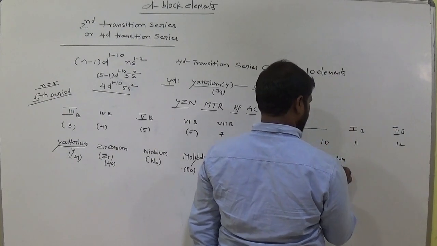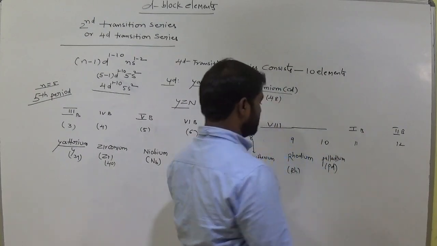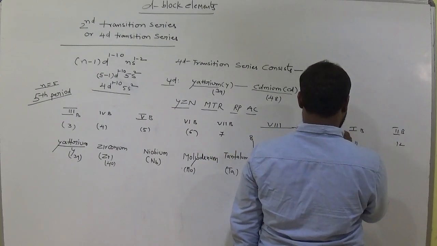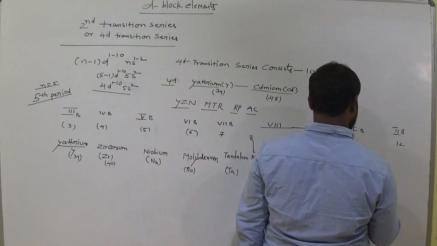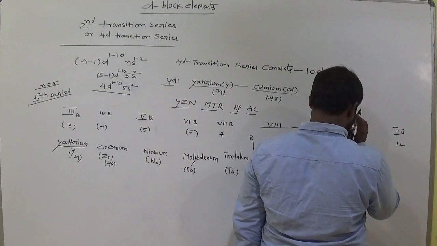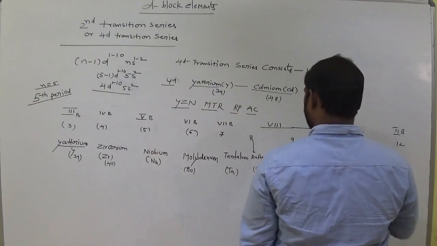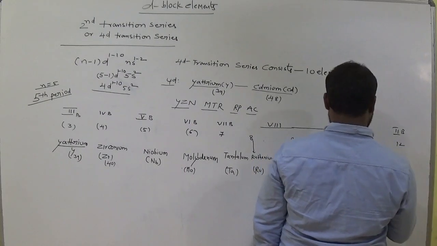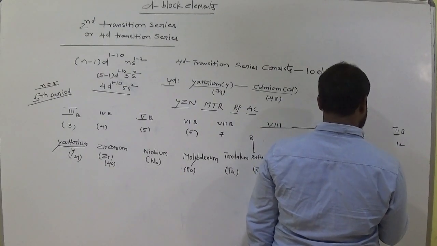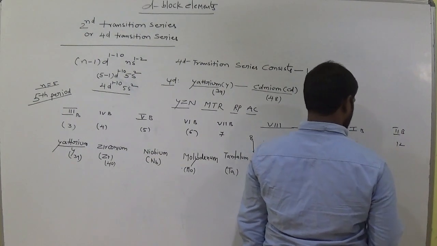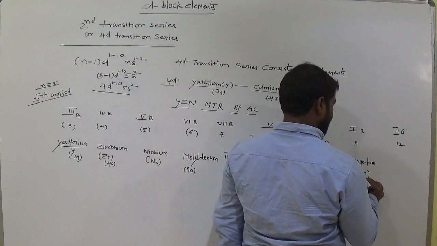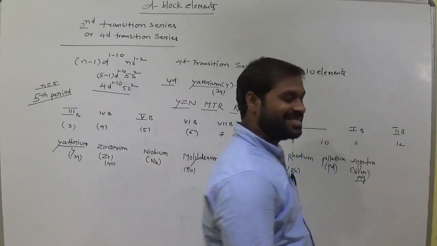palladium, that is Pd, and the 11th one is argentum, which we call silver. Silver, Ag. The Latin name of silver is argentum.